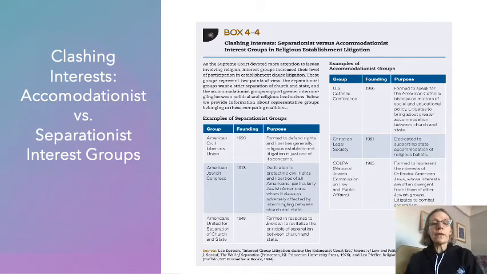So make sure that you take a look at the examples of separationist groups, such as the American Civil Liberties Union, compared to the accommodationist groups, such as the U.S. Catholic Conference in the United States. So there are interest groups alive and well today that basically still show that there's an unsettled understanding of just what the establishment of religion means.